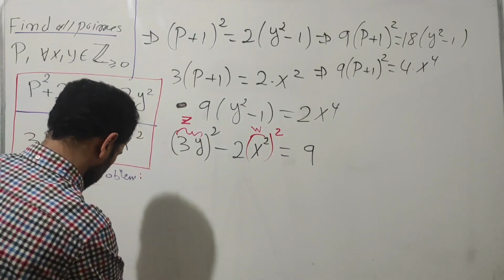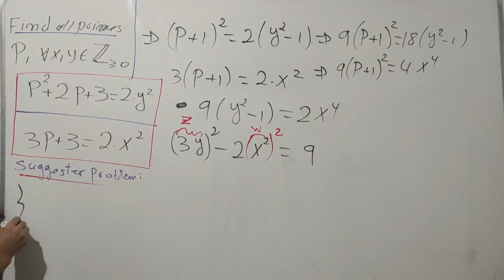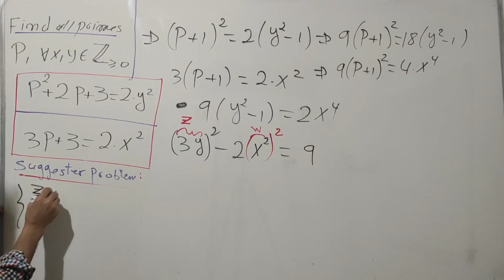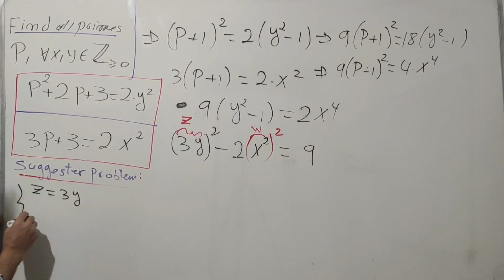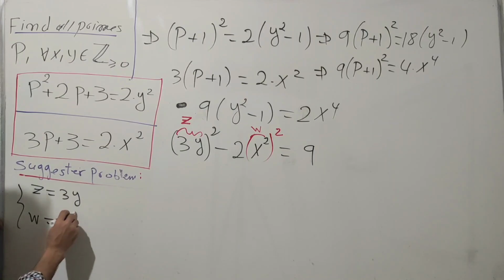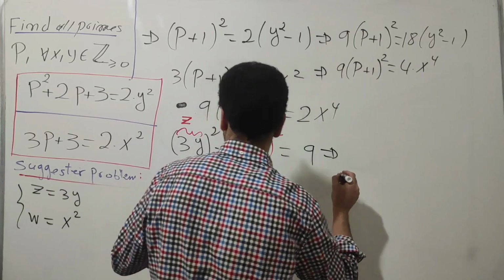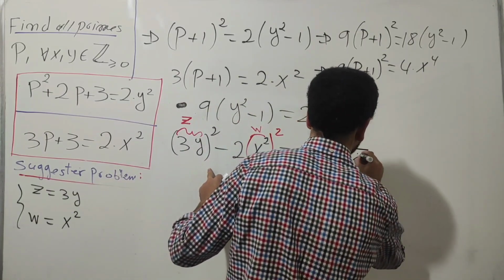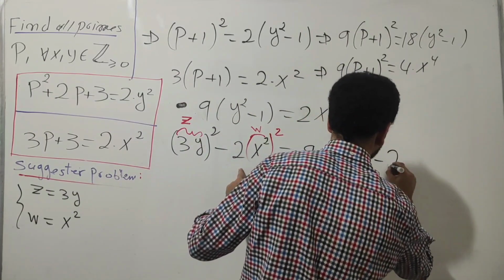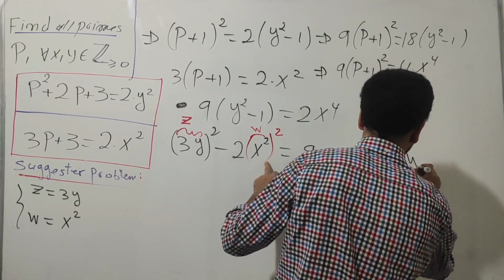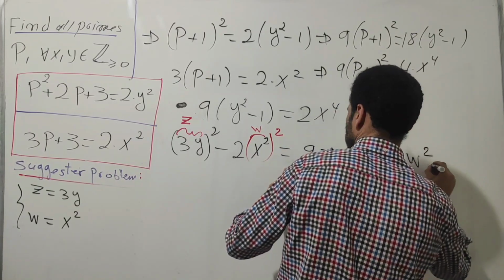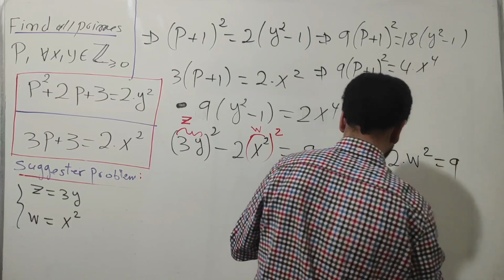Let's put it here on the side. I get z equals 3y and w equals x squared. Now my new equation becomes z squared minus 2w squared, which equals 9.